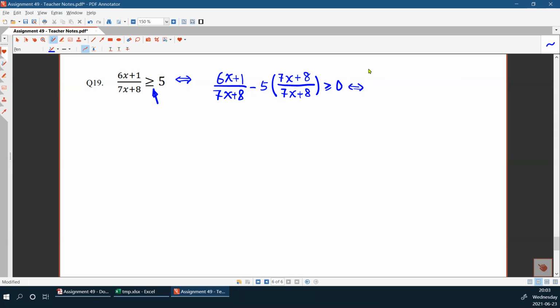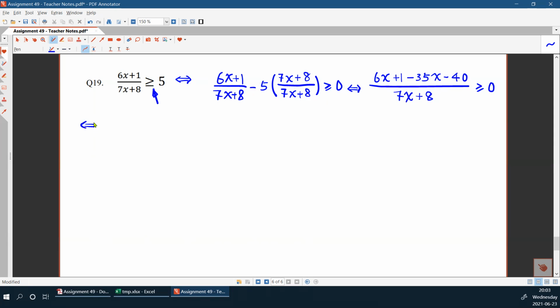This is equivalent to, what is the numerator? The numerator is 6x plus 1 minus (35x plus 40), right? Over 7x plus 8 greater than or equal to 0, right?